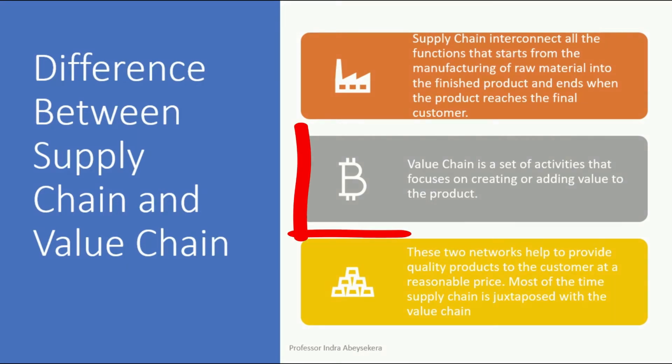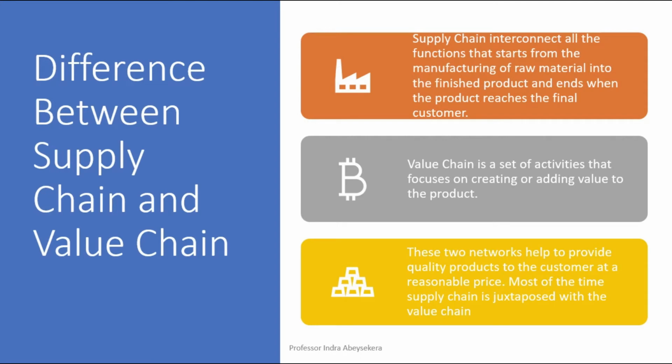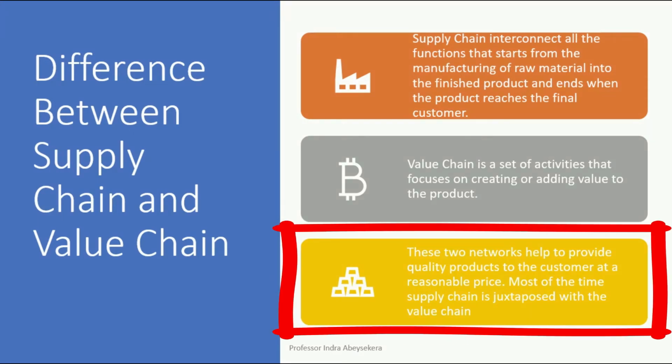Value chain, on the other hand, is a set of activities that focuses on creating or adding value to the product. Both networks help to provide quality products to the customer at a reasonable price. Most of the time, supply chain is connected with the value chain.